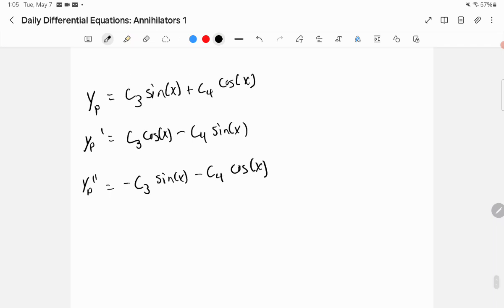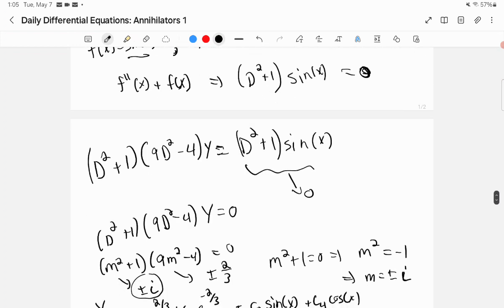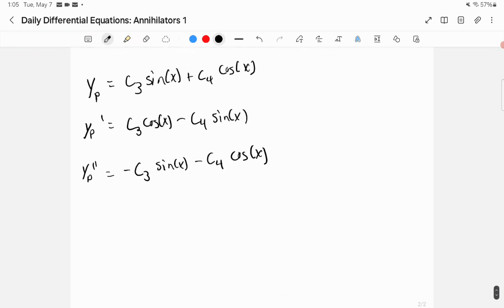And just like we've done before with the method of undetermined coefficients, or in previous videos where I've shown examples of this, now we're going to say 9 times yp double prime minus 4 times yp is equal to sine of x.